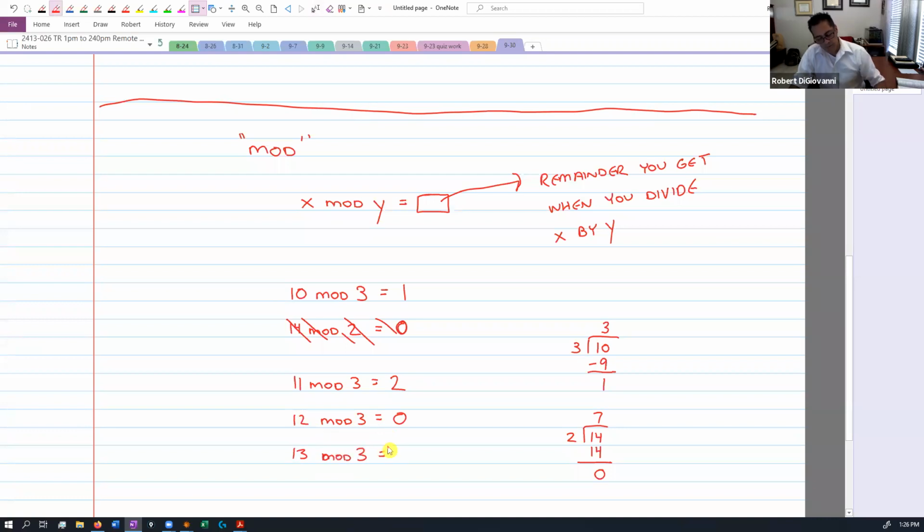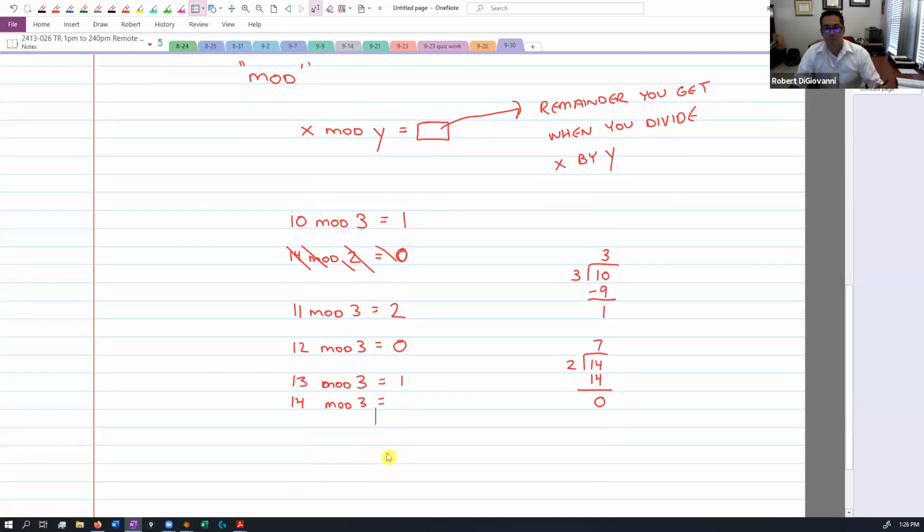That should be 1 again. Because 3 goes into 13 actually 4 times with 1 left over, right? What do you think 14 mod 3 is? 2. What do you think 15 mod 3 is? 0. What's the remainder? Nothing, right?